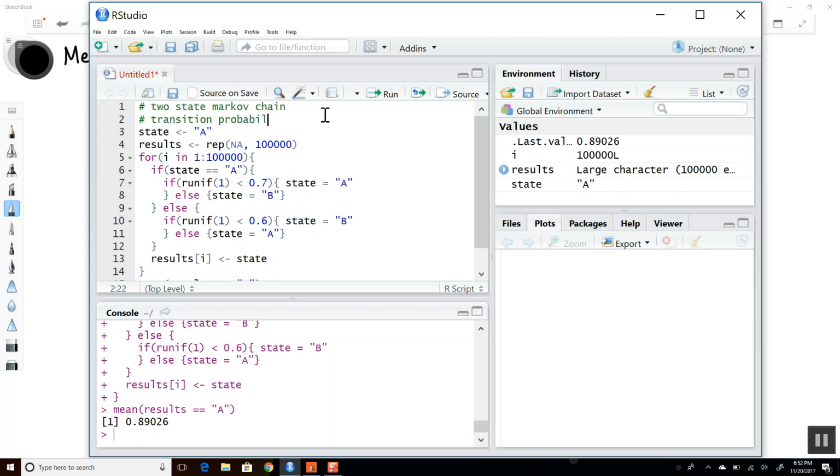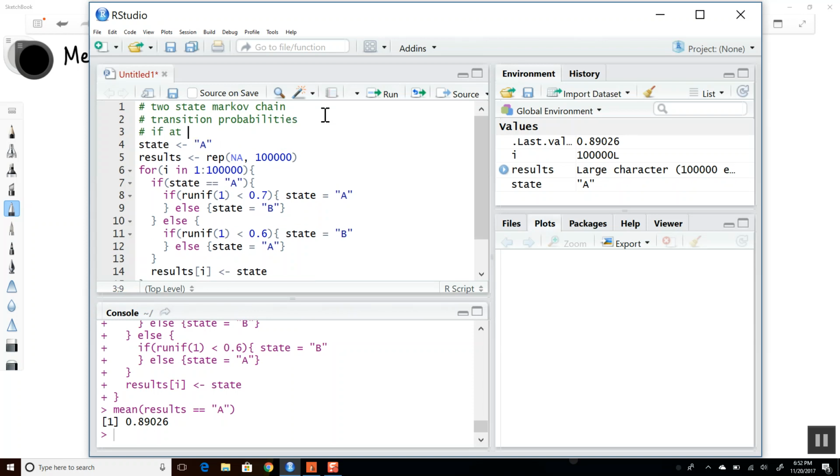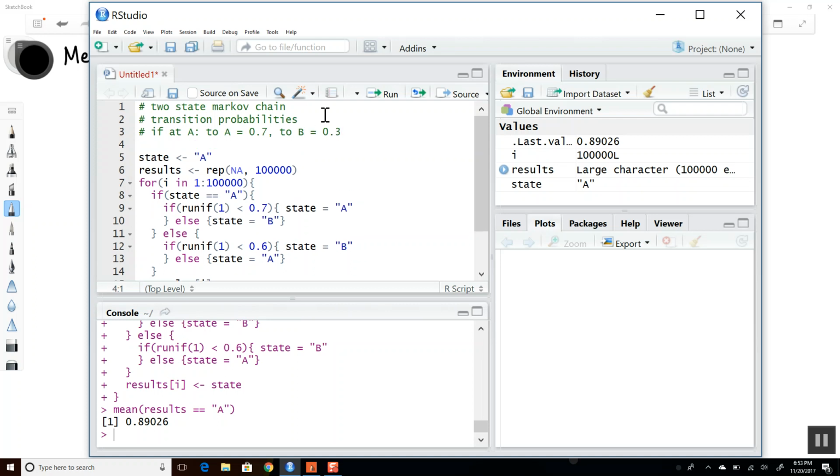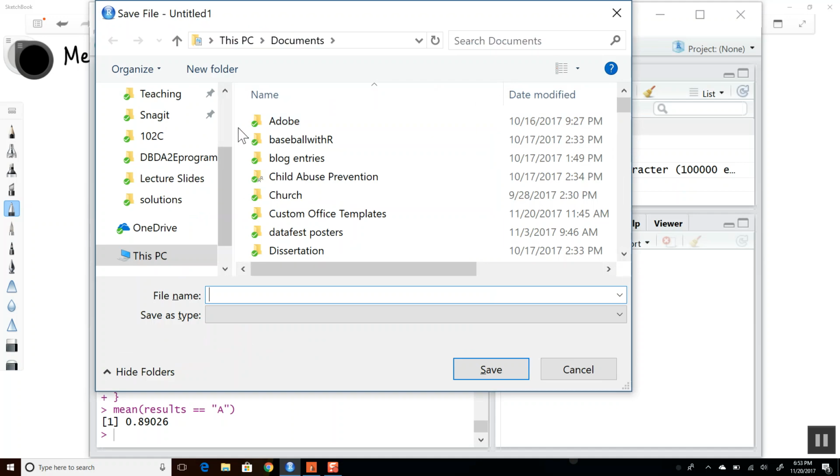Transition probabilities will be: if at A, to A is equal to 0.7 and to B would be equal to 0.3, and then if at B, to A would be 0.4 and to B would be 0.6.